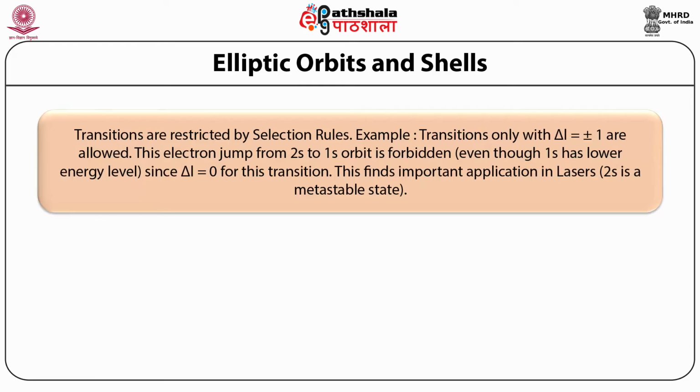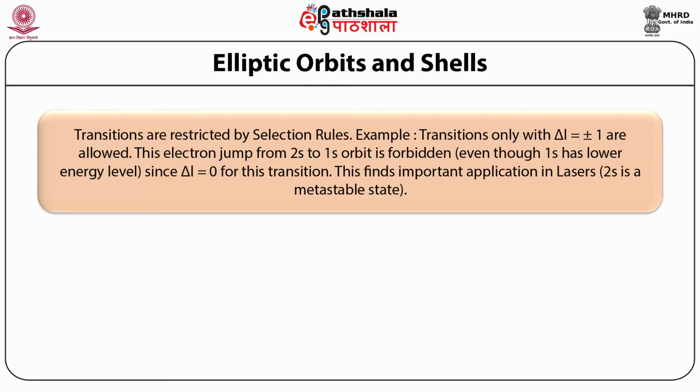This transition is forbidden. Why is it forbidden? Because delta L is equal to 0 for this transition, since both are s orbits, 2s and 1s. And this finds very important application in lasers.